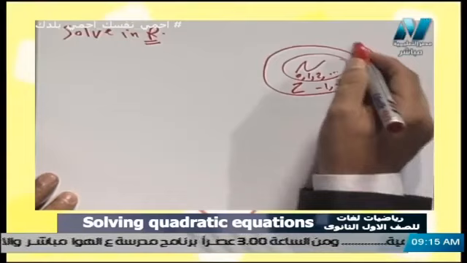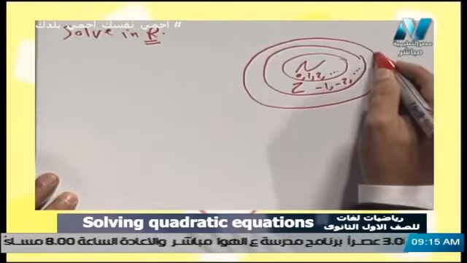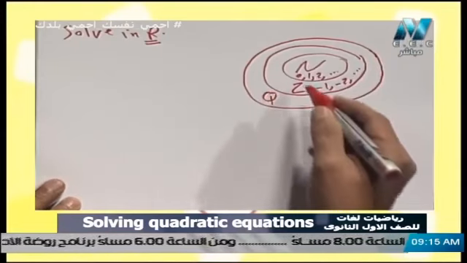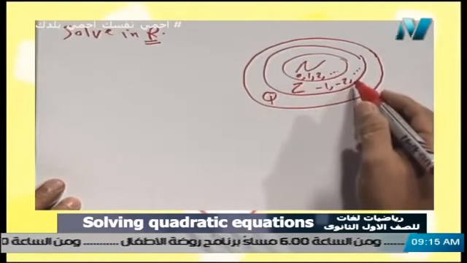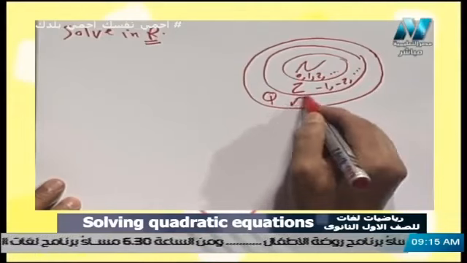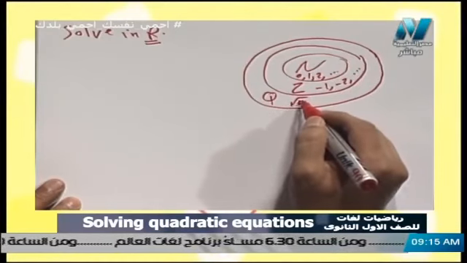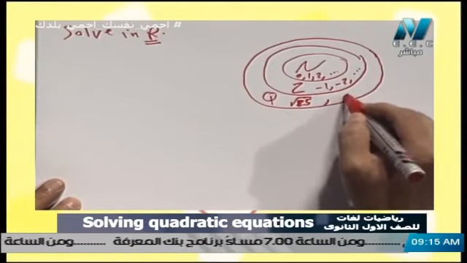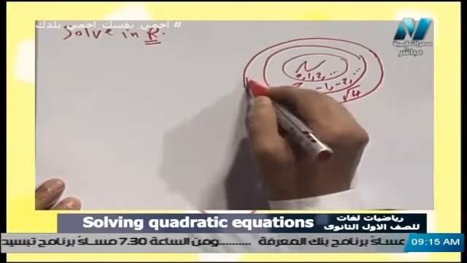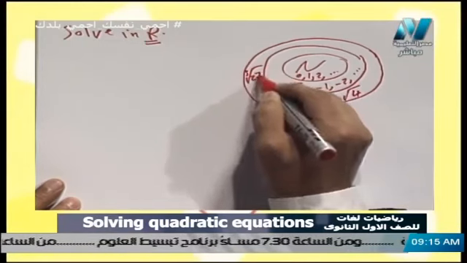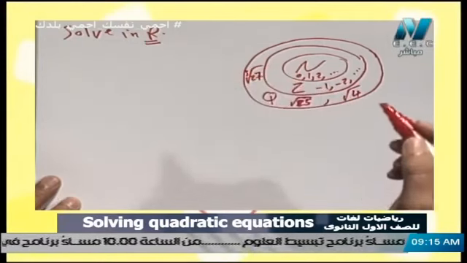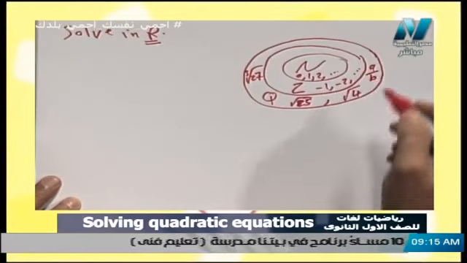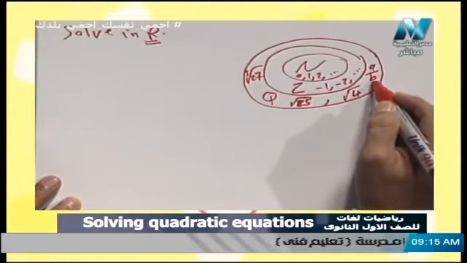And then we have a bigger set, which is Q. Q contains all these numbers plus square root of 25, square root of 4, cubic root of 27, and so on. Any number that can be put as a fraction a over b, where b doesn't equal 0.